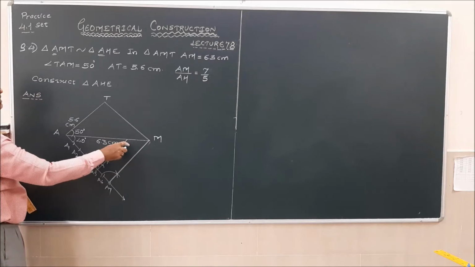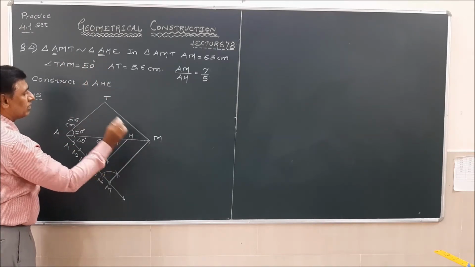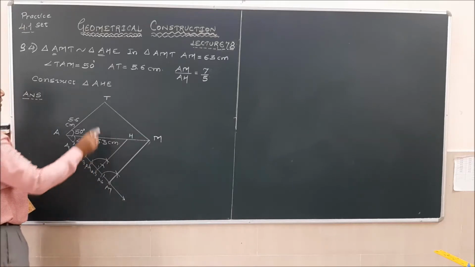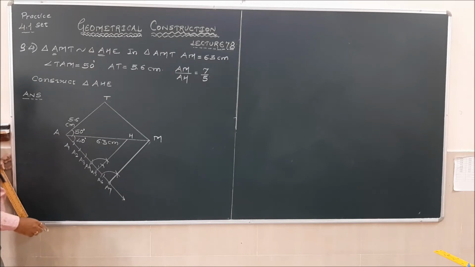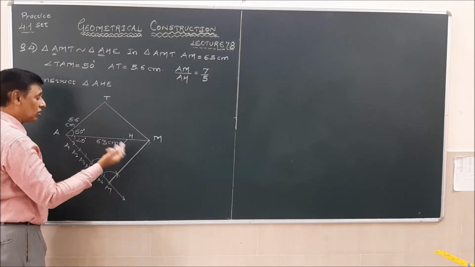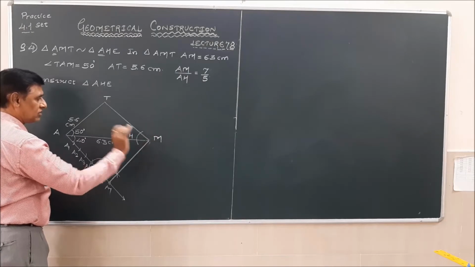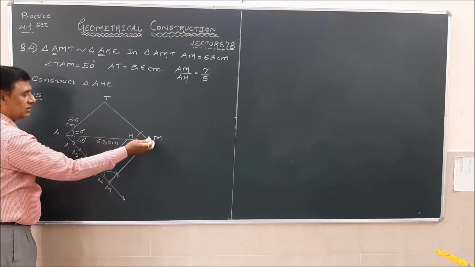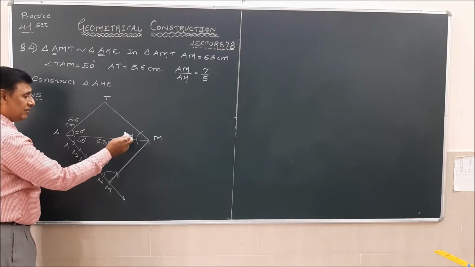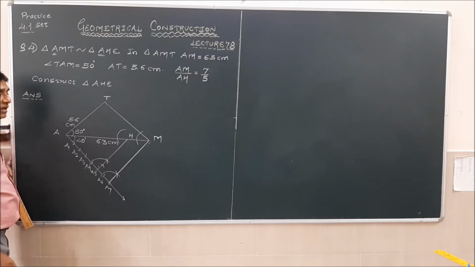Angle M is congruent with angle H. Now T: T is congruent with E. Now how to draw T? Listen here. Placing the metal point on the drawing, I am going to construct a congruent angle this way.